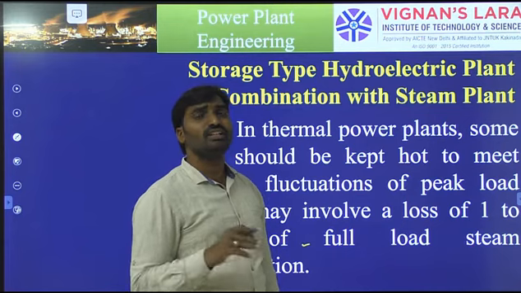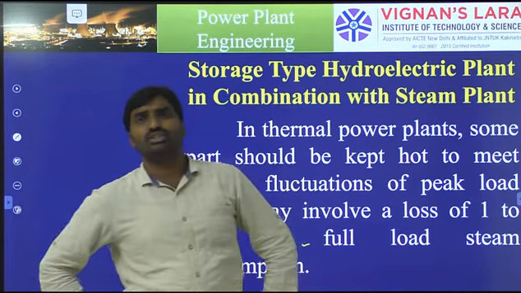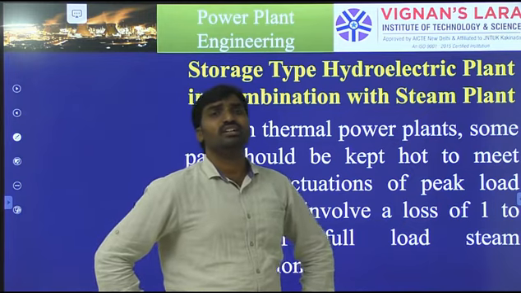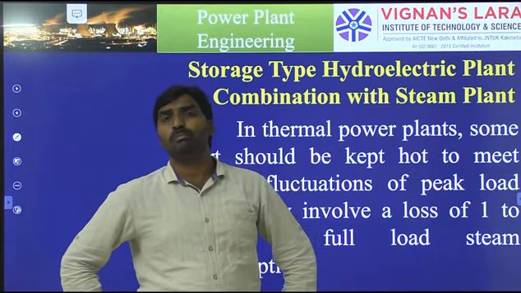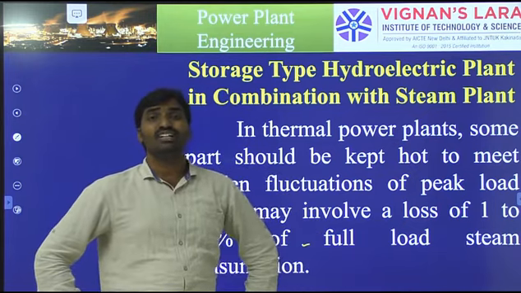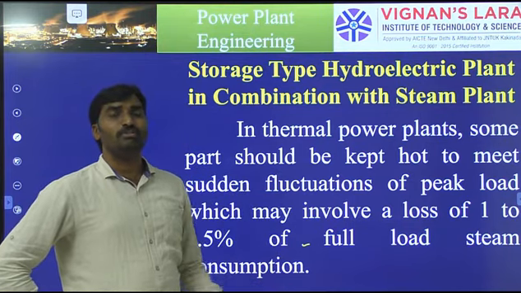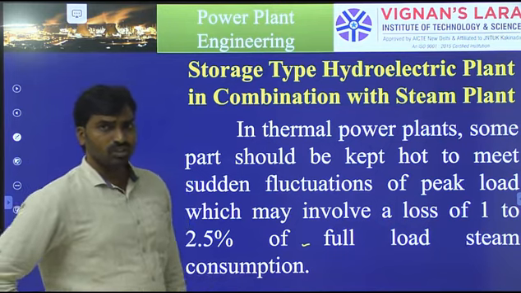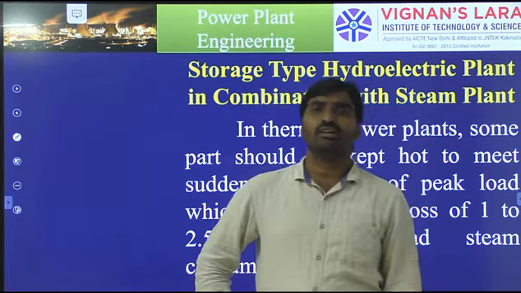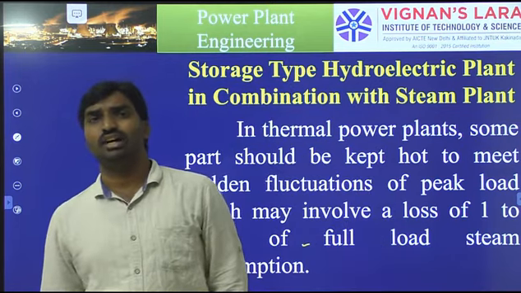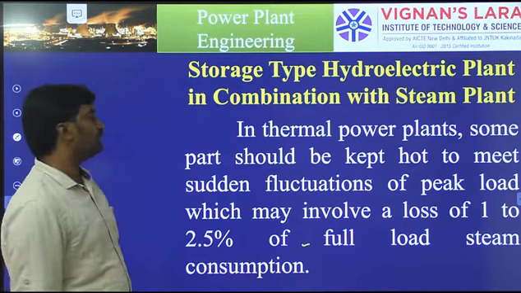Like that we can continuously generate electricity. What is the use of this? When you require less power at base load, you can operate the steam power plant at full capacity. For example, if the steam power capacity is 2 megawatts, the base load is 2 megawatts and the peak load condition is 3 megawatts.